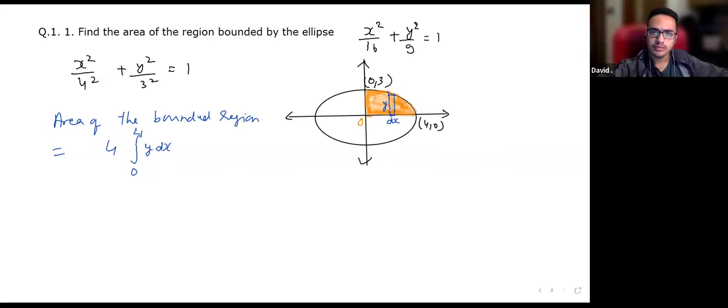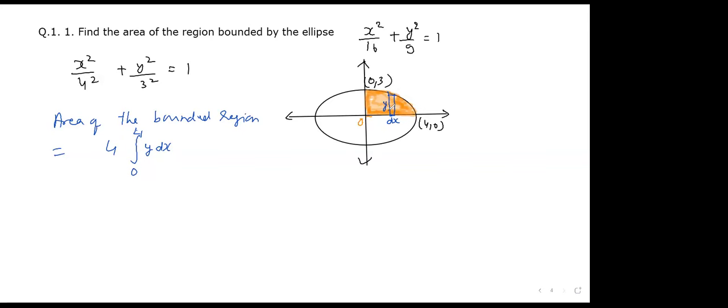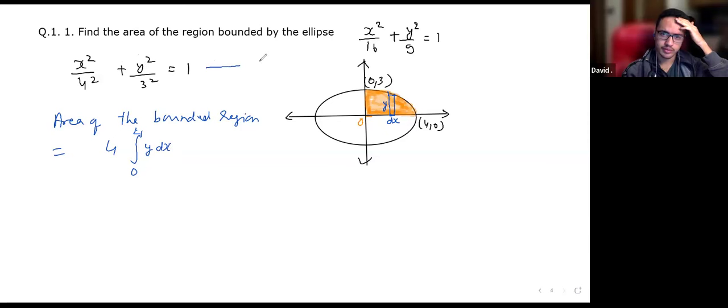Integration is just combining an infinite number of rectangles together to find the area of any type of curve. That is the concept. So we take y dx. Now, if dx is there, y should be a function of x. So we shall derive the value of y in terms of x from the given equation 1.